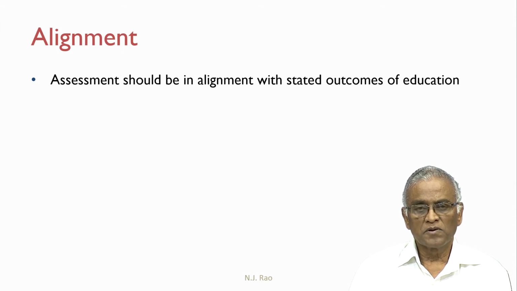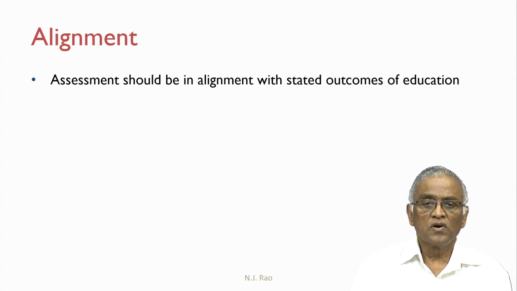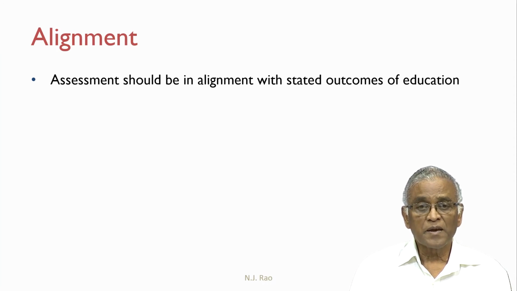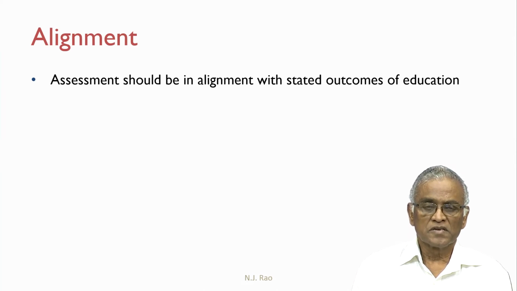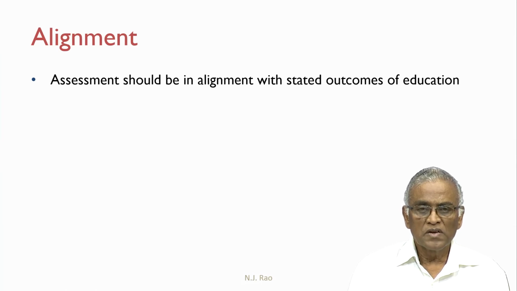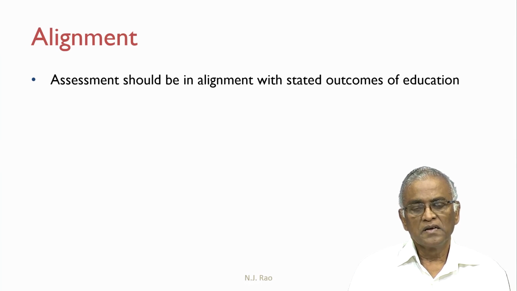That means he should be able to design a circuit to perform a certain function. That is the goal. But in actual assessment, you only ask the theory of a device, or describe a circuit, or find out what is the function of the circuit. If your assessment is only limited to that, that means your assessment is not in alignment with the stated outcome.